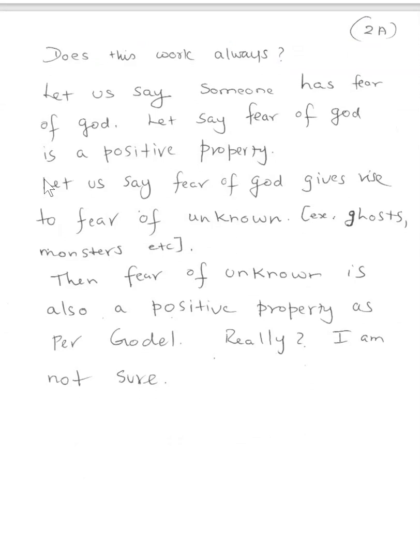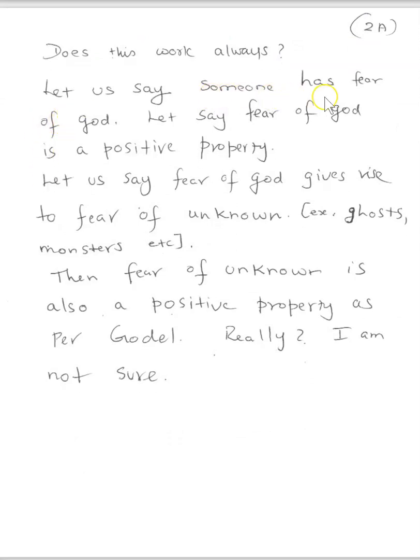Let me give an example. Let us say someone has fear of God, and let's say fear of God is a good, positive property. Let us say fear of God gives rise to fear of the unknown, fear of ghosts, fear of monsters, witches, etc. Then fear of the unknown is also a positive property as per Godel.